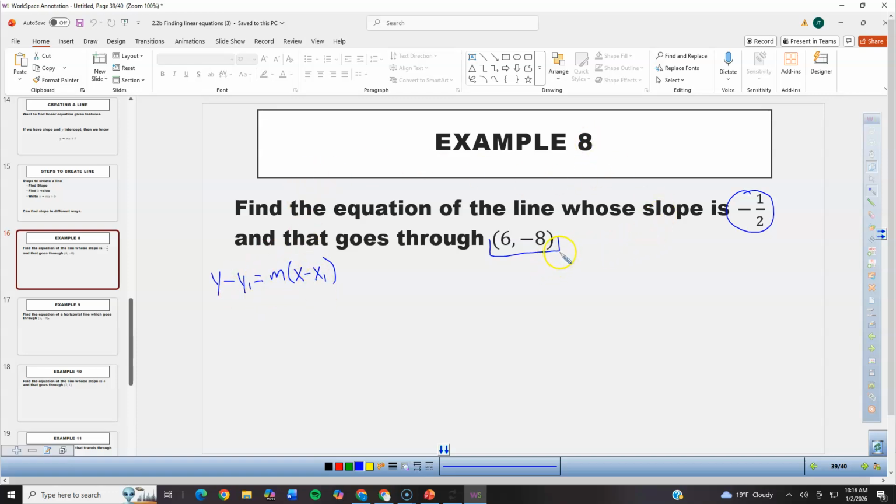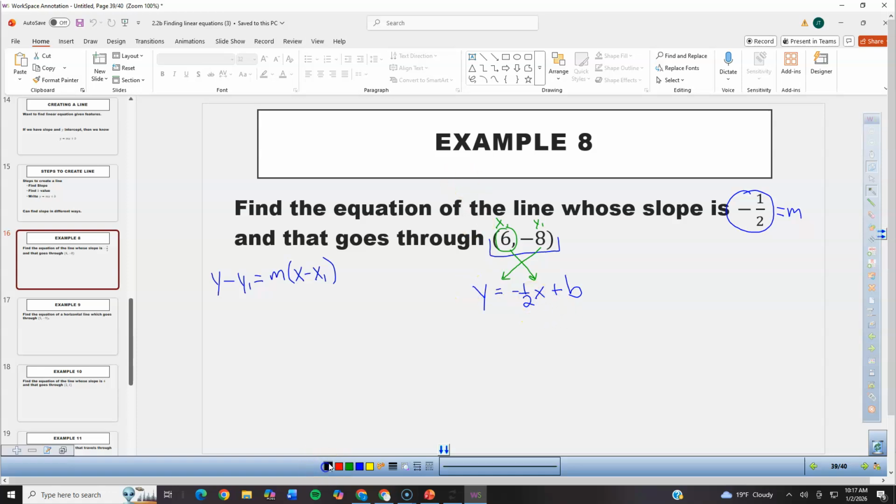So let's try it. I know my m is negative 1/2. y equals negative 1/2 x plus b. I do not know the intercept, but what I can do is plug in my x and my y, and I can solve for b.